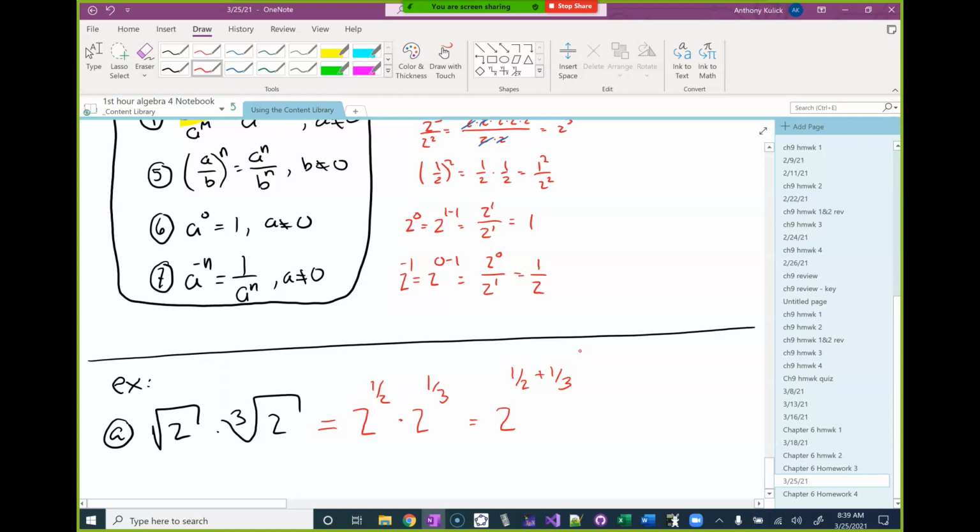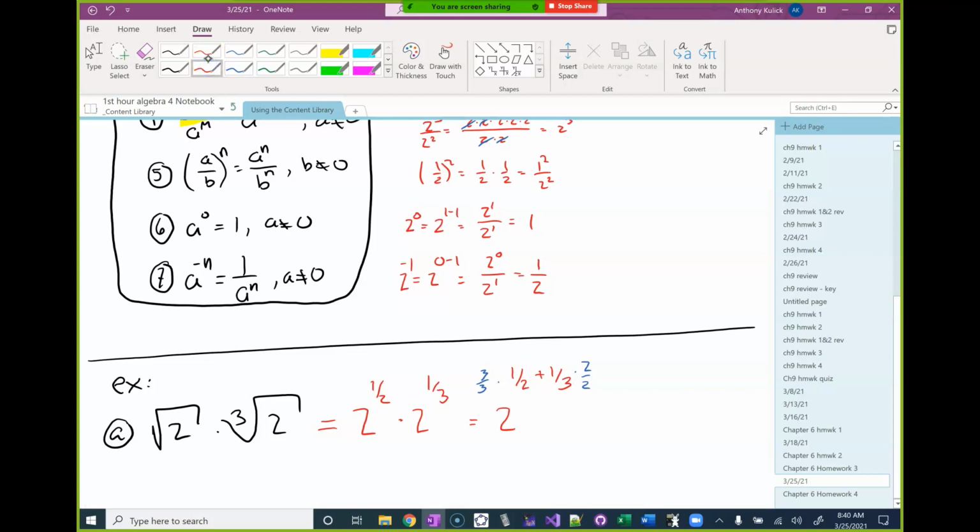Everybody agree with that? So to make that common denominator of 6, I need to multiply the first fraction by 3 over 3, and the second fraction by 2 over 2. So that's going to give me 2 to the 3/6 plus 2/6.